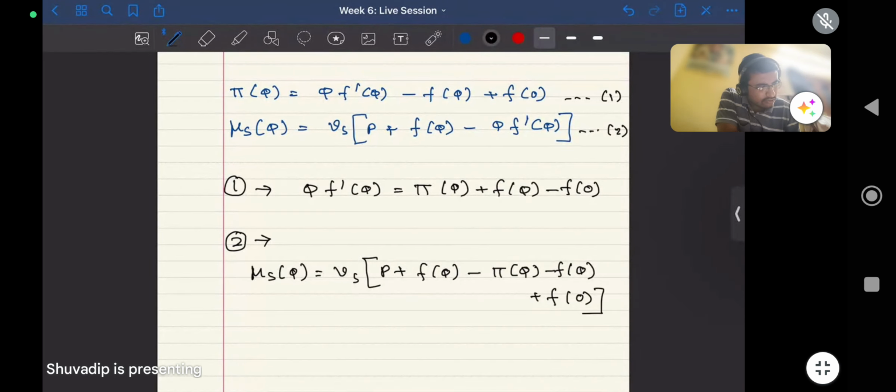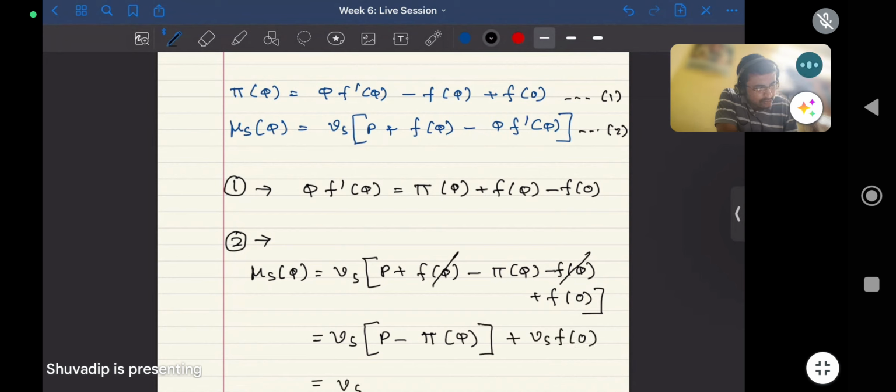So f of phi will cancel. V of s p minus pi of phi plus v of s f of 0, so v of s p minus pi of phi plus mu s 0.